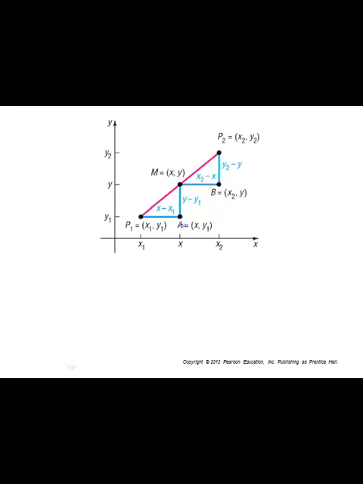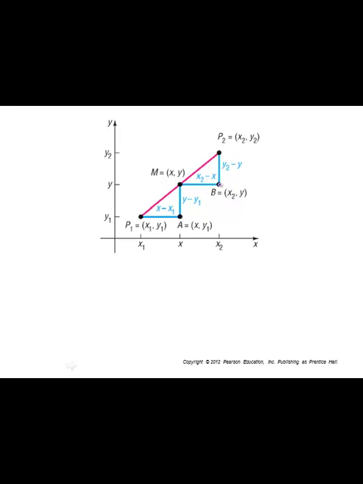So imagine that we create point A and point B out here, off to the side. Point A is going to be directly below the midpoint M, so the same x coordinate as M, with x coordinate of x.